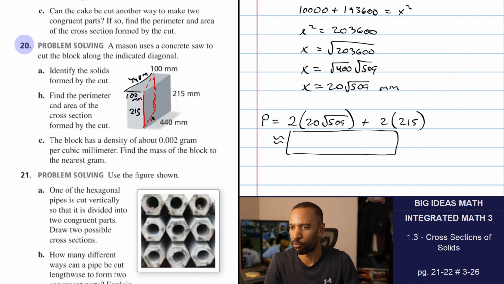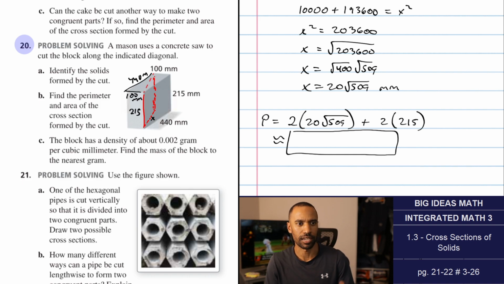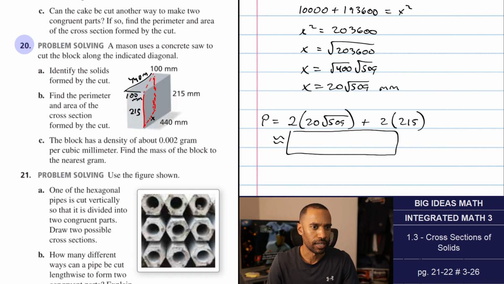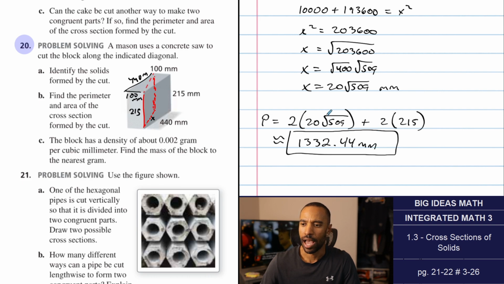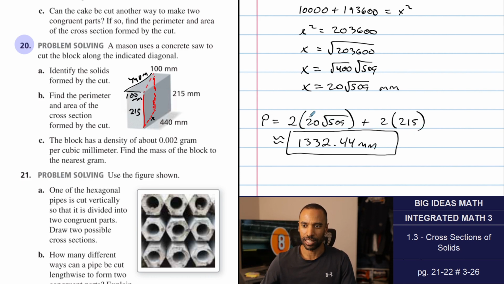I think I multiplied by 40 because I said 20 root 509. So it should be 2 times the square root of 203,600, because I did 40 before, plus 430, the two 215s. That gives 1332.44 millimeters. Okay, these numbers are right. I had 2 times 20 here, and instead of 509 I wrote 203,600.